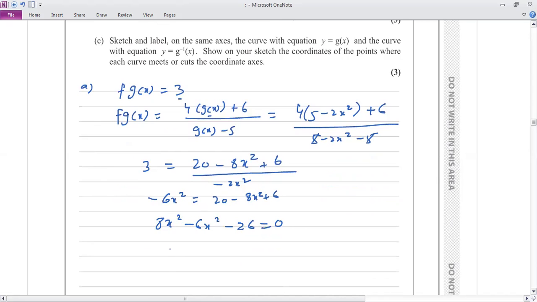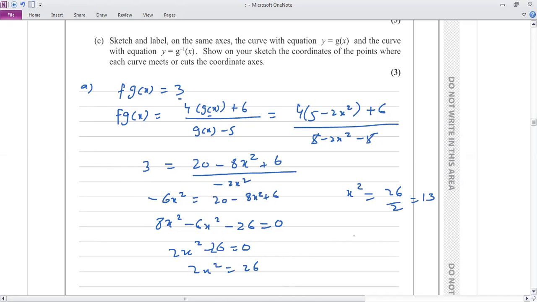So that will be 2x square minus 26 equal to 0. Take 2 common. You can say 2x square will be equal to 26. So x square is going to be 26 over 2, which is 13.